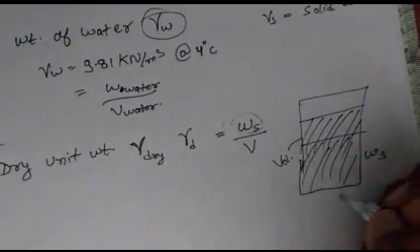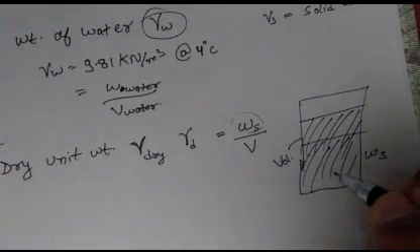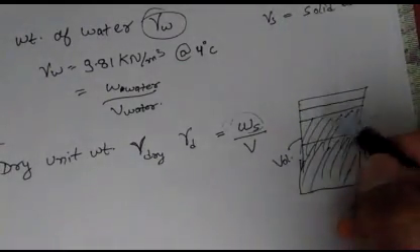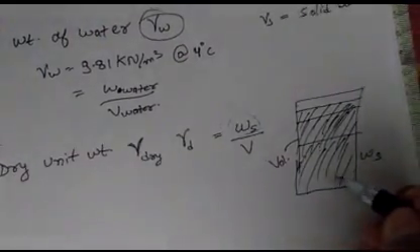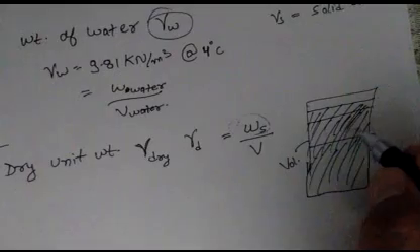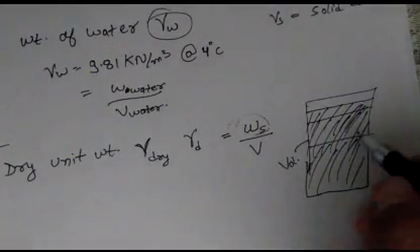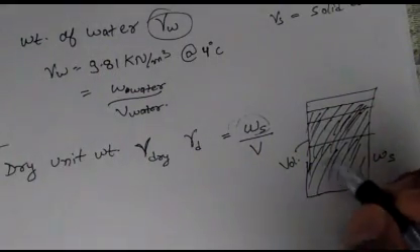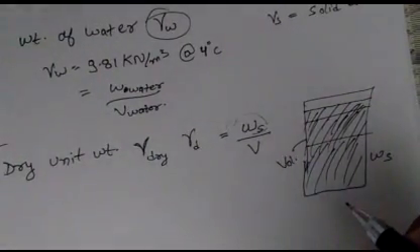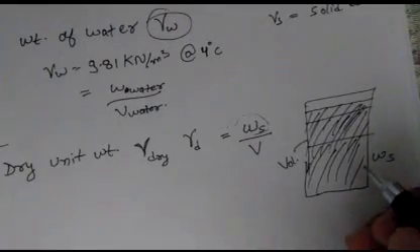My solid particles will cover this much of the part. It will become much more dense. If I again escape the voids, I can make the voids 0. By reducing the voids through compaction or by escaping the water or air from it, my Ws is increasing. It shows my soil is moving towards denseness. It's going to be more dense.